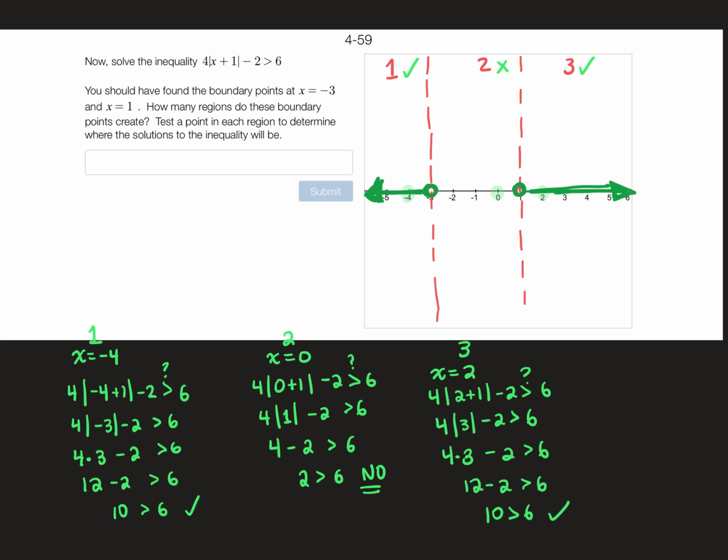Okay, and so we can write that with our interval notation as -infinity to -3, and then 1 to infinity. And I think this is how we would like you to write your solutions algebraically, and this is how we would like you to show your solutions graphically.